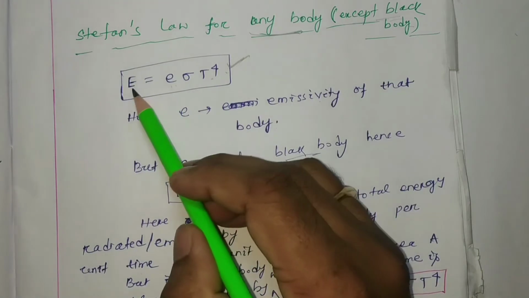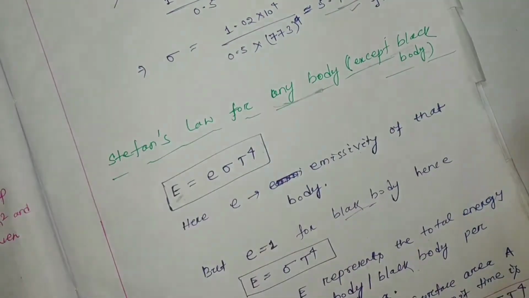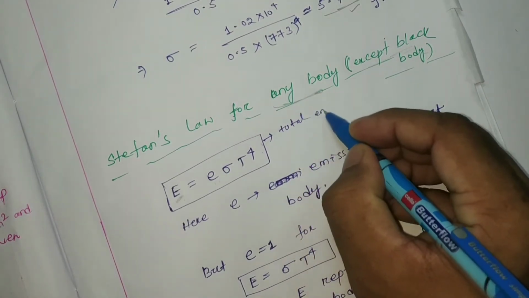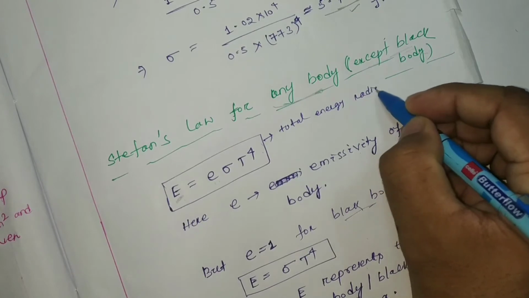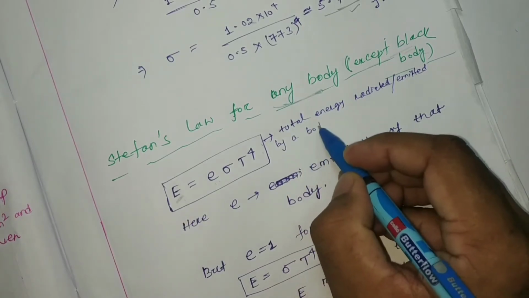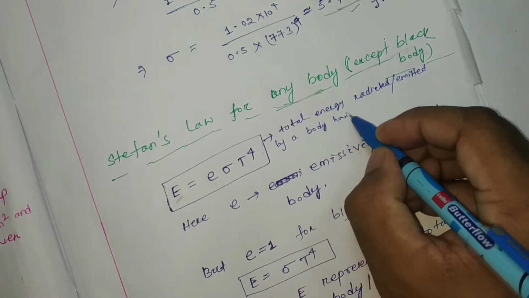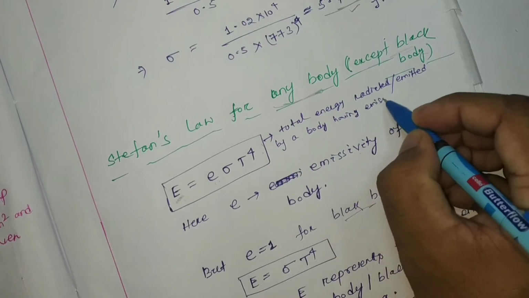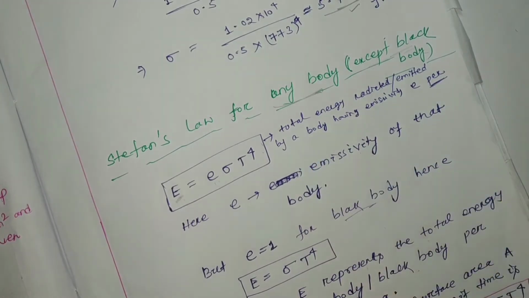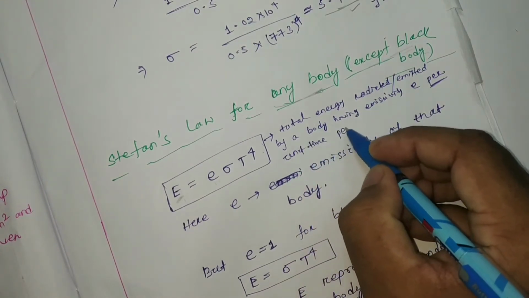So here in this equation, this E represents the total energy radiated or emitted by a body having emissivity e, and this is important, for unit time, for unit area.